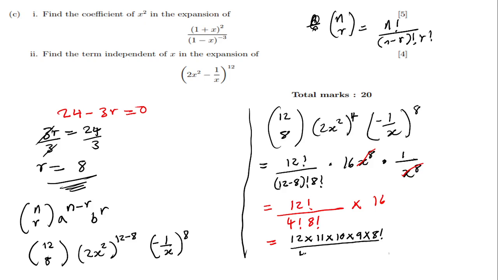So this will now simply be 12 times 11 times 10 times 9 over 4 times 2 times 3 times 1. Sorry, I've swapped 2 and 3, but multiplication is commutative, so it's not a big deal.